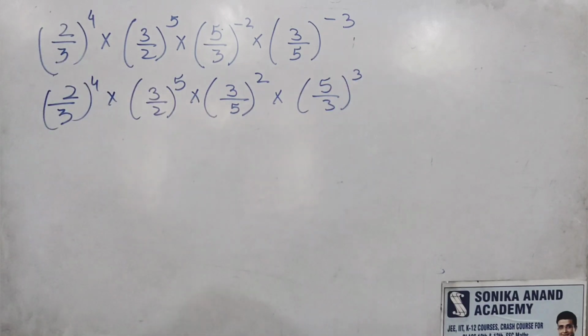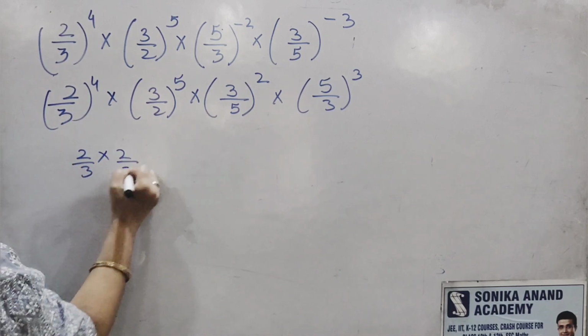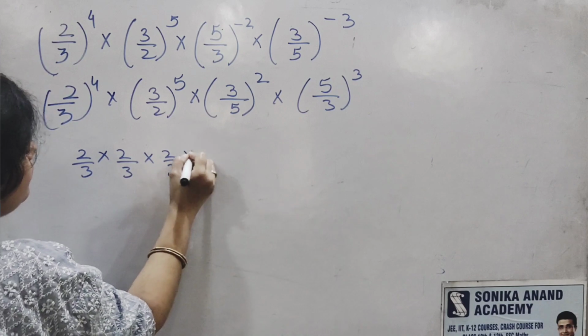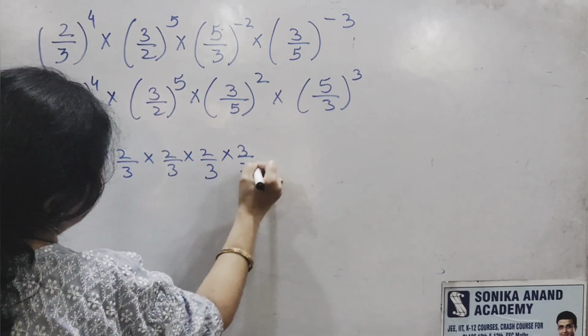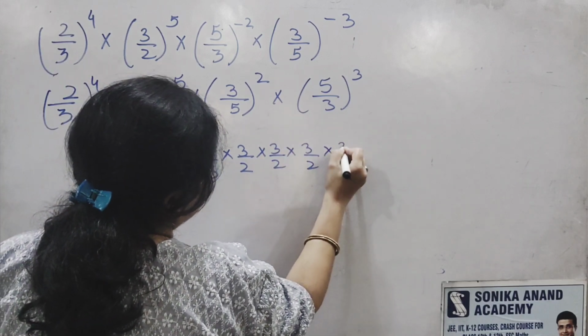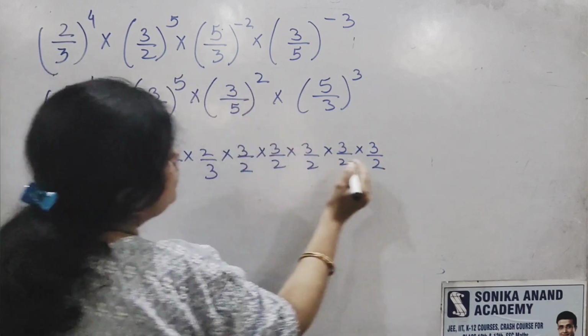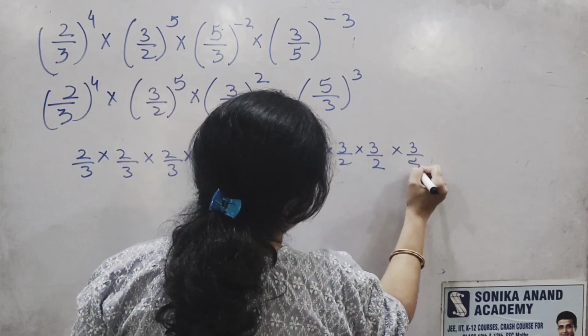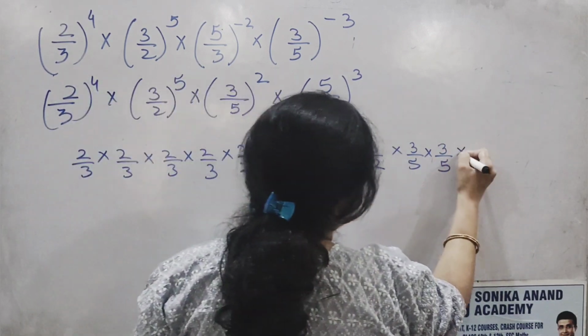Now 2 by 3 4 times: 2, 3, 4. Clear? 3 by 2, 5 times: 1, 2, 3, 4, 5. 3 by 5, 2 times. 5 by 3, 3 times.